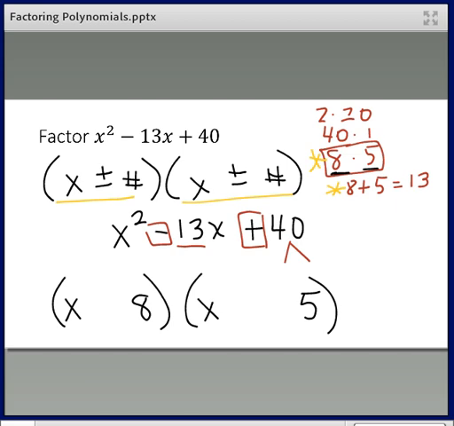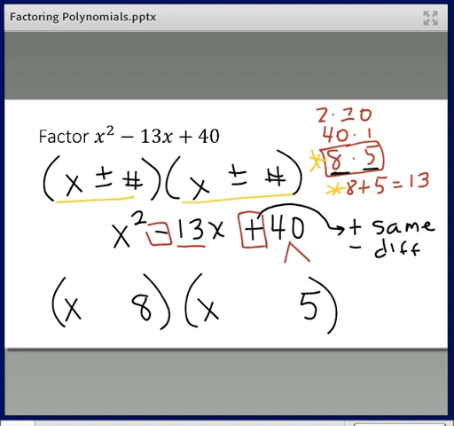So now how do we get the signs? Here's my rule for the signs. I look at this first. If it's positive, the signs in the factors are the same. If it's a minus, they are different signs. Don't get confused with subtraction and addition yet.